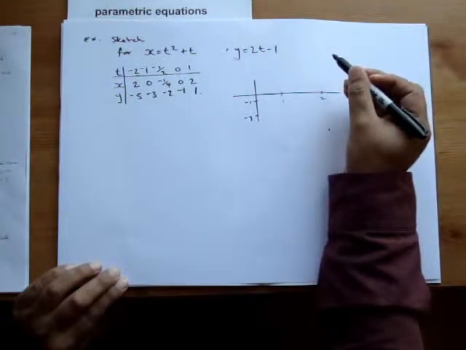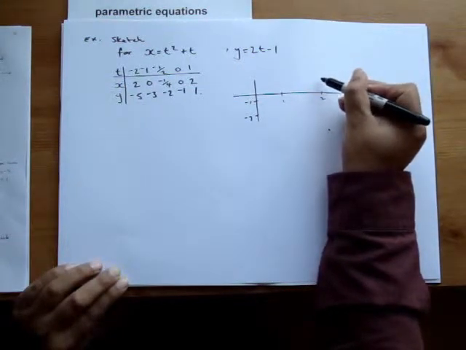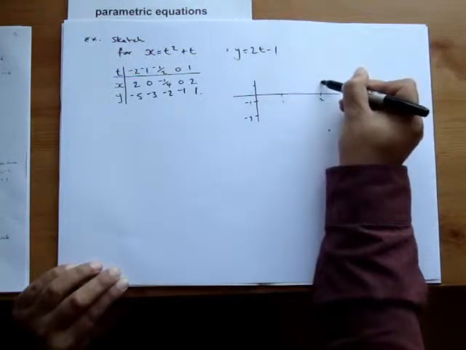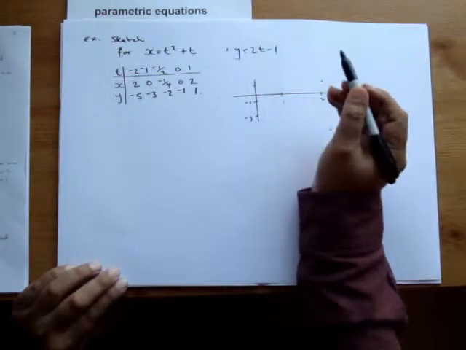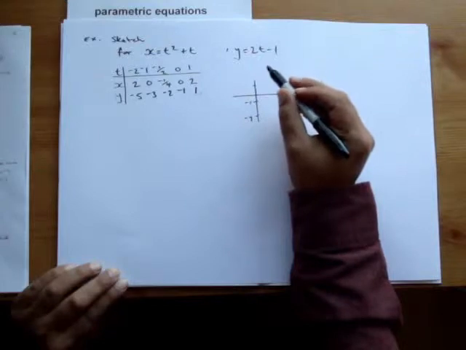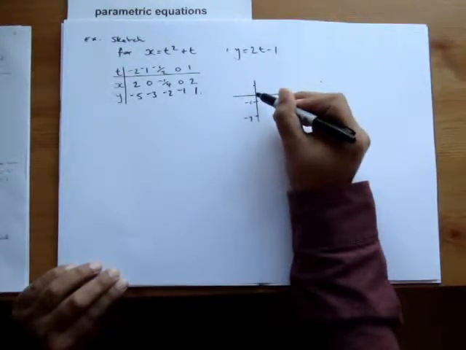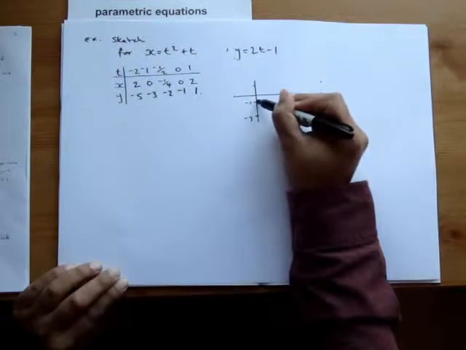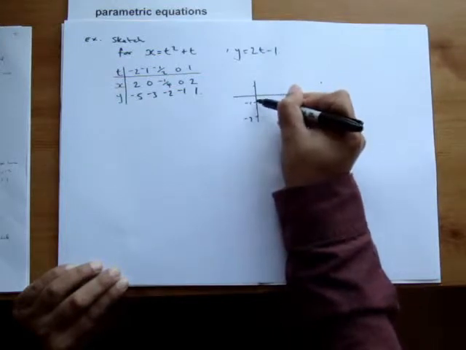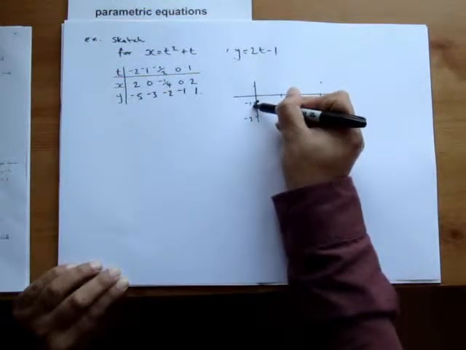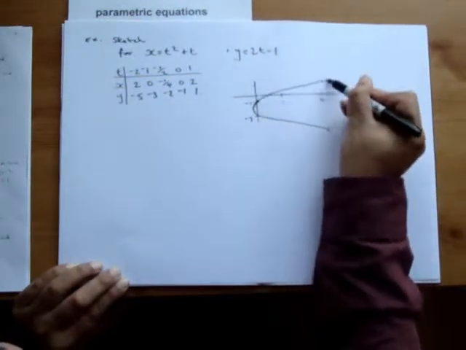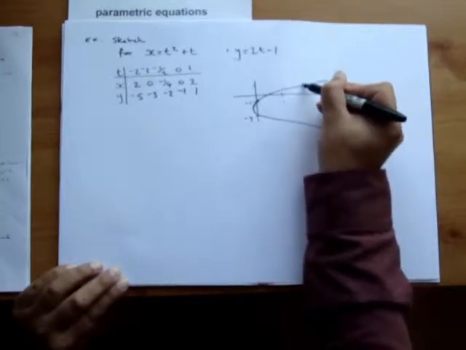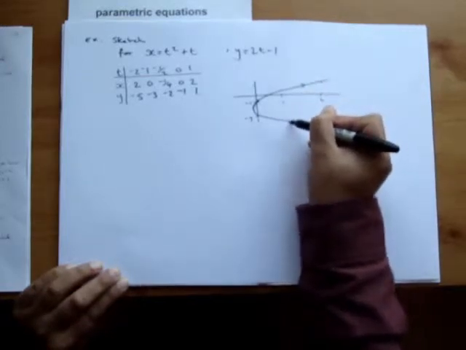And also at 2 it's going to be 1, which is about here somewhere. And at x equals 0, it's going to be minus 1, so it's going to go through there. And so it's going to roughly go like this, down, and across there. Again, we have the direction of motion for increasing t.